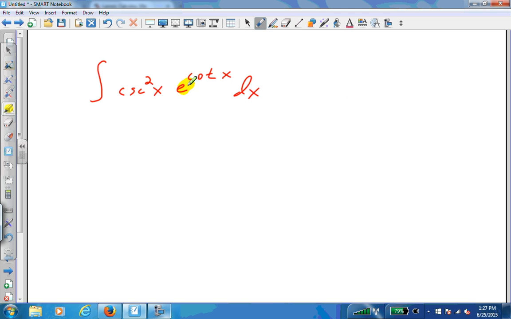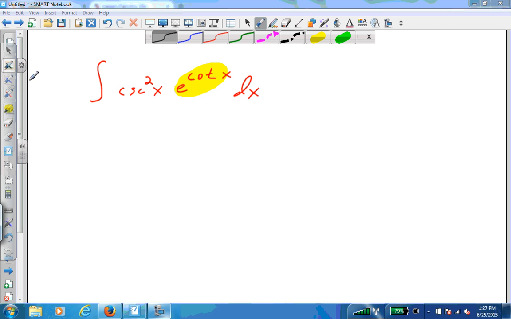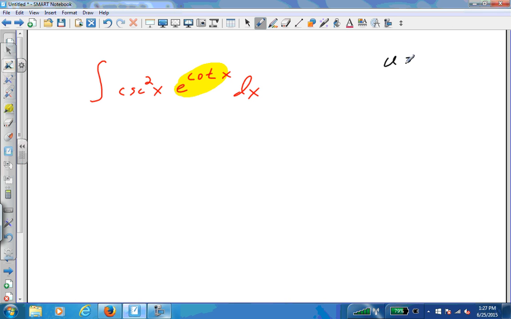You do notice we have e to a power. And that's the only place we have an e. So if we don't have e's other places, then it's generally a good choice to let your exponent of e be u, because we know how to integrate e to the u. So let's see if we can make that into e to the u. So if u is cotangent, remember that the derivative of cotangent is negative cosecant squared dx.